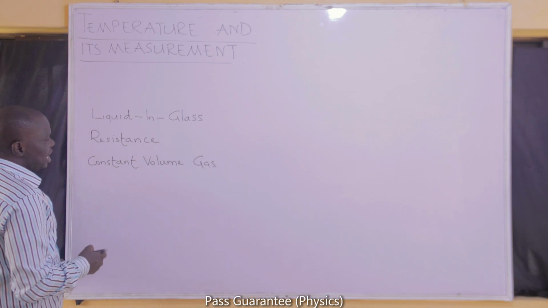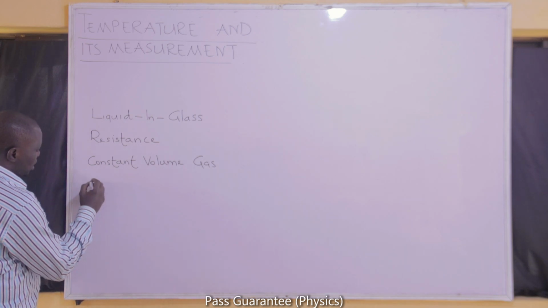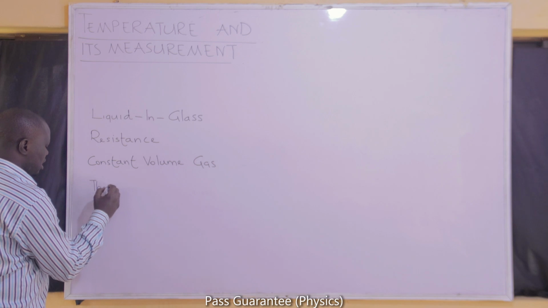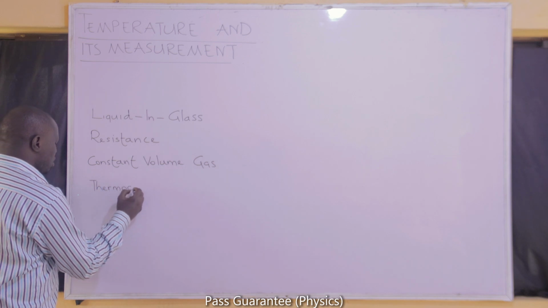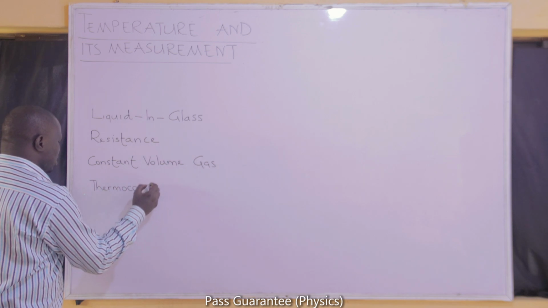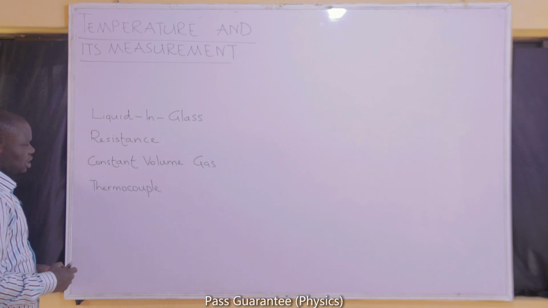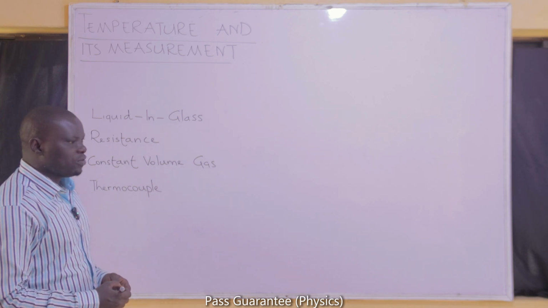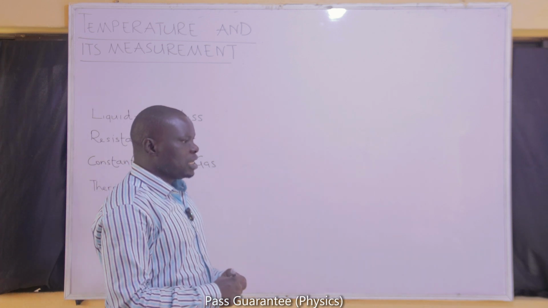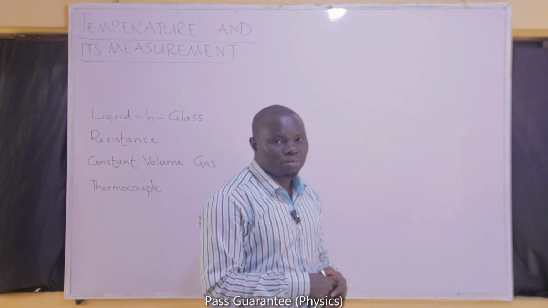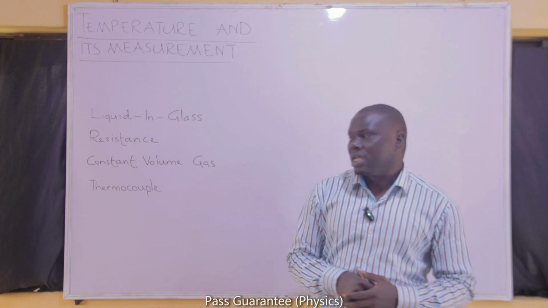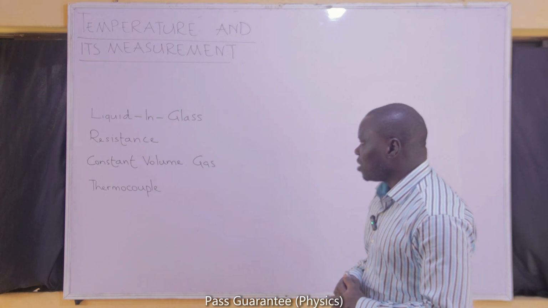There's another type of thermometer that is called a thermocouple. Another name for a thermocouple is a thermoelectric thermometer. There are more. We can have what is called a bimetallic thermometer. Some examining bodies do not accept bimetallic thermometer as a type of thermometer.